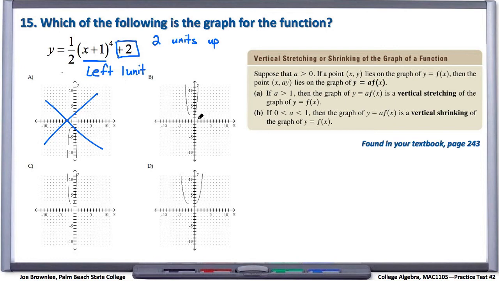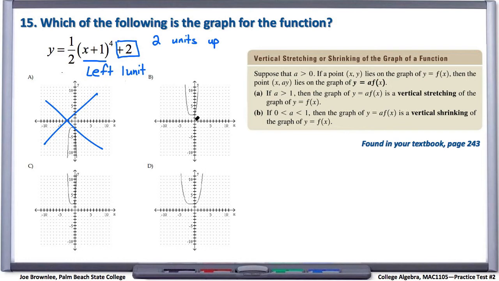All right, so let's take a look at graphs B, C, and D. We want to look for a graph that's moved to the left 1 unit and moved up 2 units. And it looks like all three of these graphs have moved that way, haven't they?